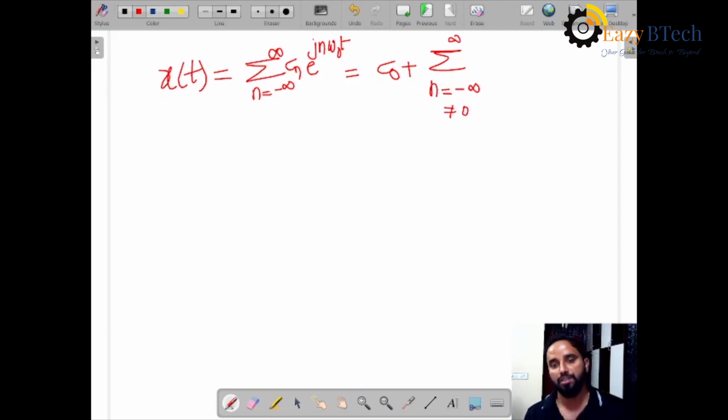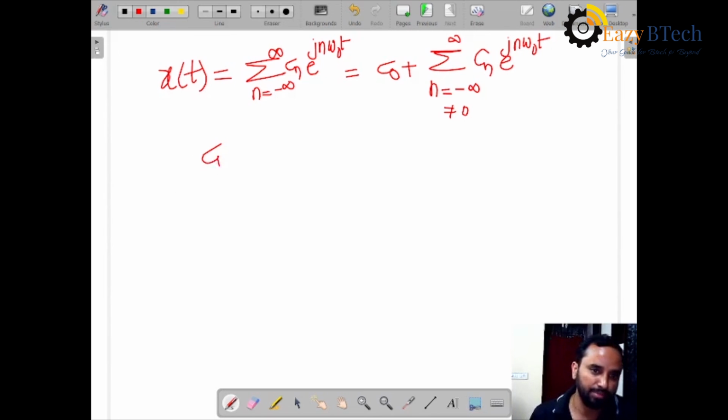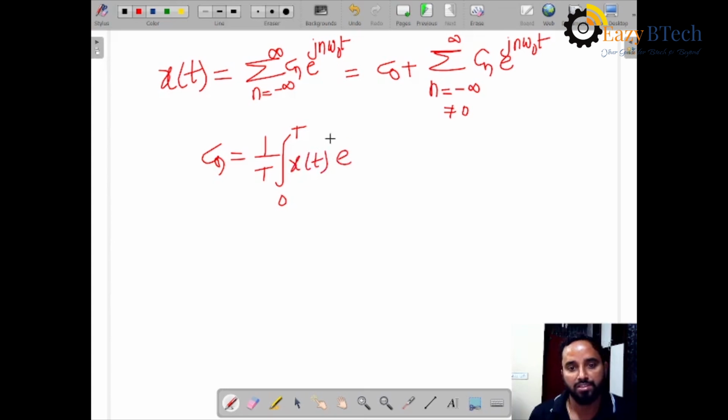But the 0 term we have already written separately as C naught. Right? Cn e to the power jn omega naught t.